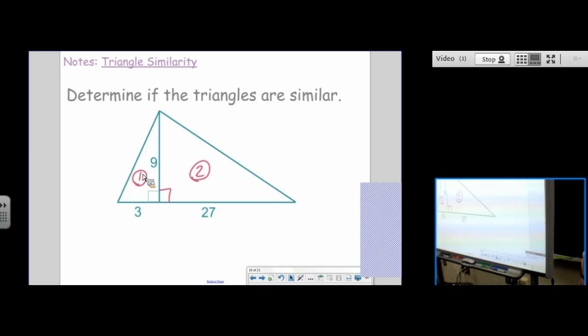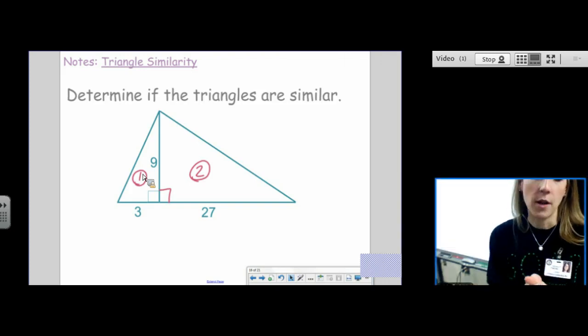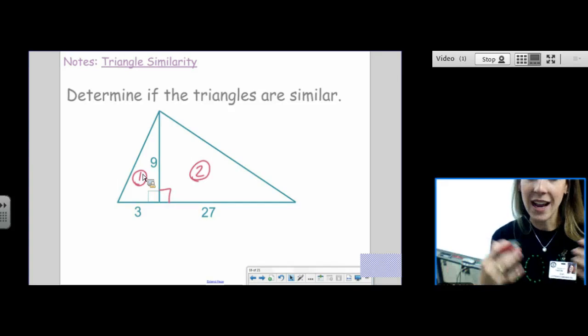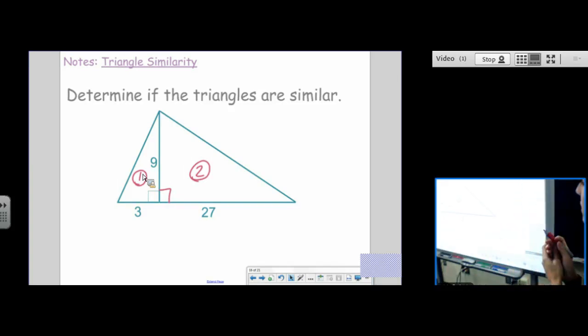But now we need to make sure those sides are proportional. Good, Chloe. If this is going to be any of them, it's going to be side-angle-side. But we don't know if it's side-angle-side yet. So we actually do have to do the work.